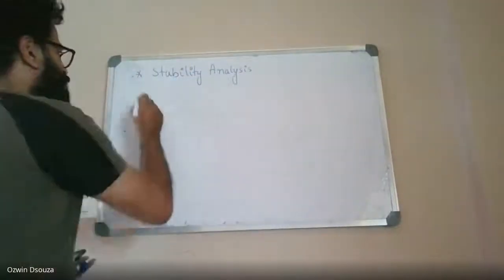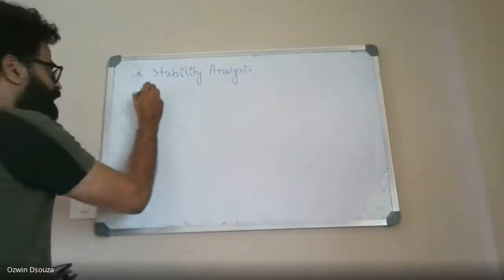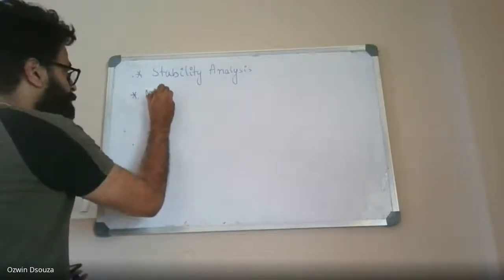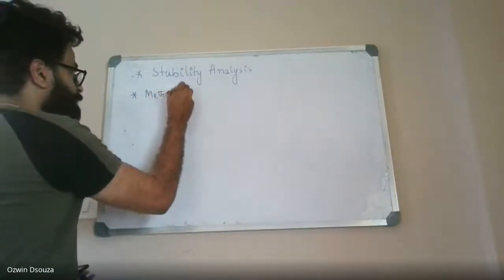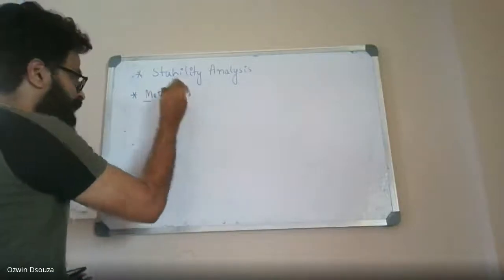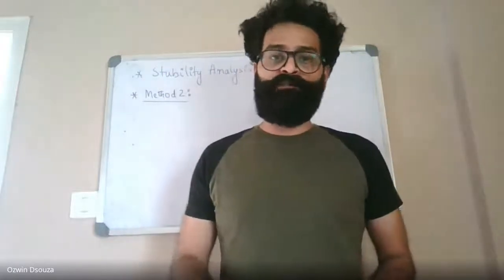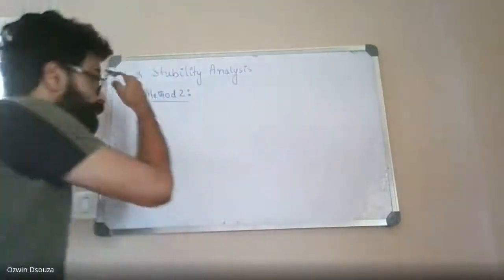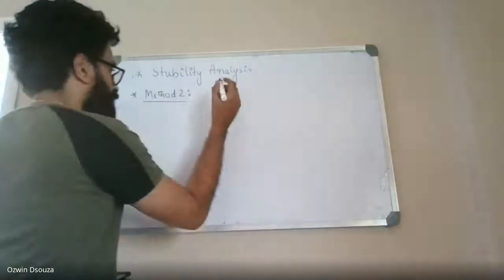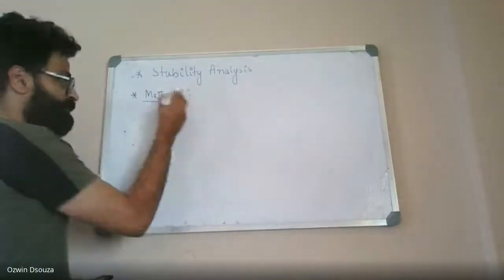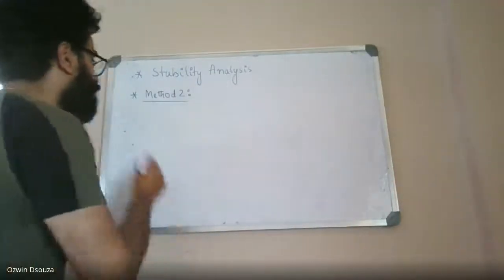Okay, now the same difficulty can also be overcome using a different method. Let's call this method 2. So method 1 was substituting epsilon in place of 0, and method 2 is what I'm going to talk about today.